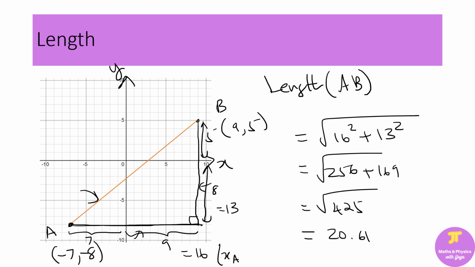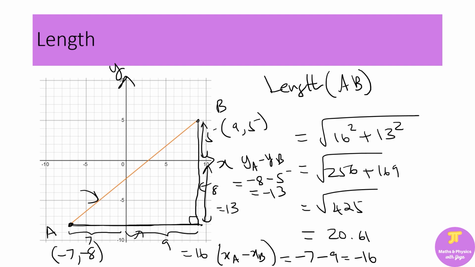How did we find the 16? XA minus XB. XA is -7 minus 9, which is -16, and the height is YA minus YB. YA is -8 minus 5, which is -13. Don't worry about these negative signs, because when you square them they become positive.